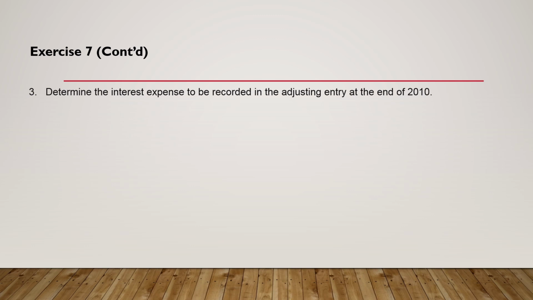So the maturity date, as we said a few minutes ago, is on January 27th, 2011. So at the end of 2010, on December 31st, we need to record an adjusting entry for the accrued interest expense for this note. For how many days?